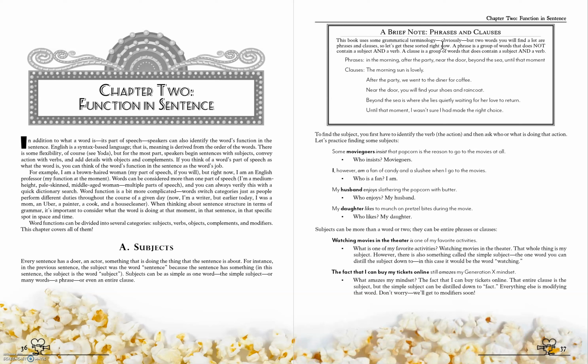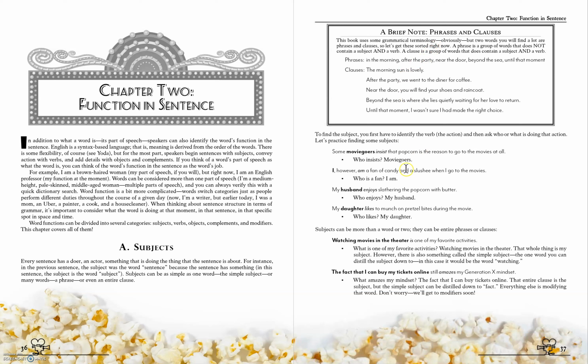A clause, on the other hand, will have a subject and a verb acting together. Now, whether they're independent or not depends, and we'll talk a little bit more about that in a later chapter, but you might have heard something like independent clauses, dependent clauses kind of rattling around in the back of your brain. So a clause is when you have a subject and a verb together, and a phrase is when you just have a bunch of words together, not necessarily a subject and a verb.